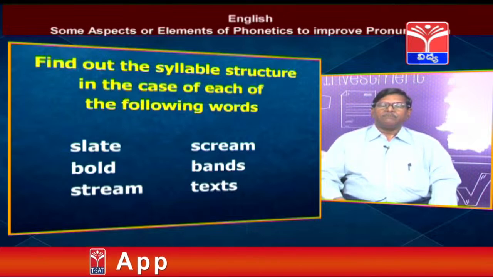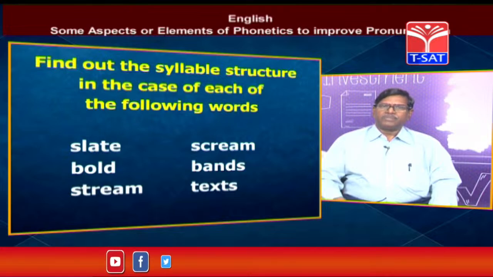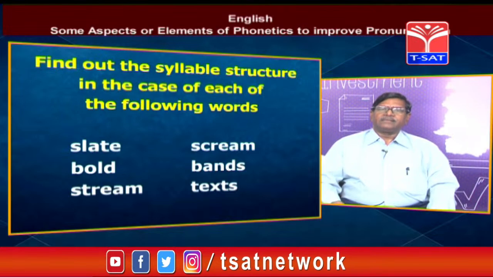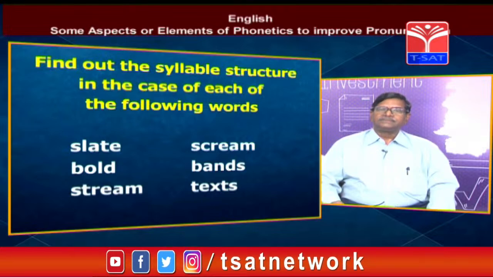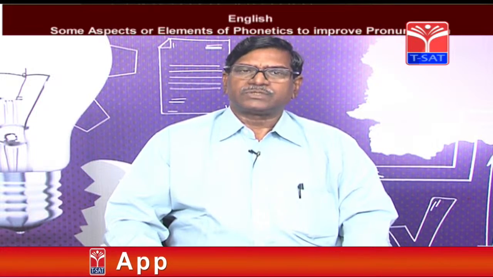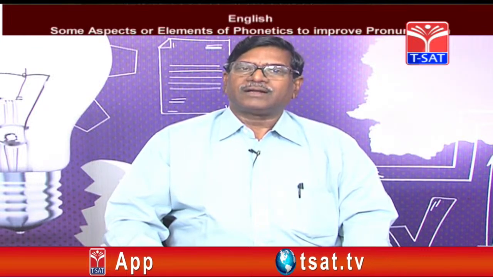In the case of the word bands, B, only one consonant sound before A. After A, we find N, D and Z, bands, because D is a voiced sound and the plural marker is pronounced as Z. Likewise, there are three sounds after the vowel sound in this particular word, so that is a consonant cluster again in place of the arresting consonant.